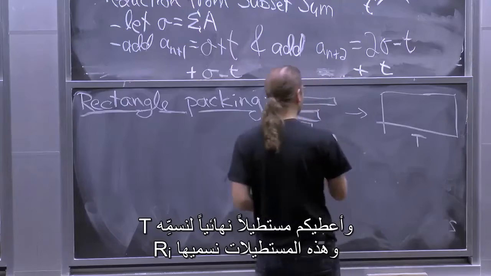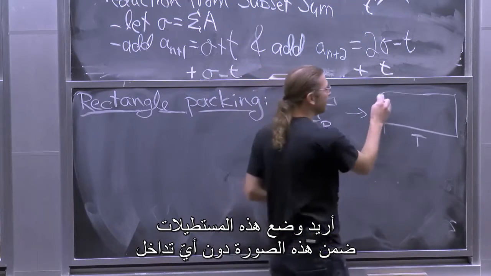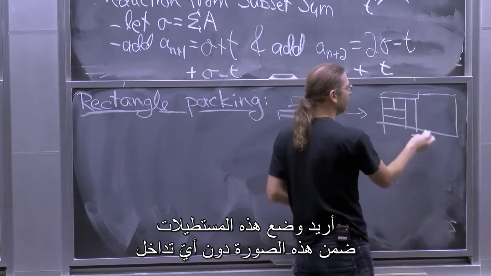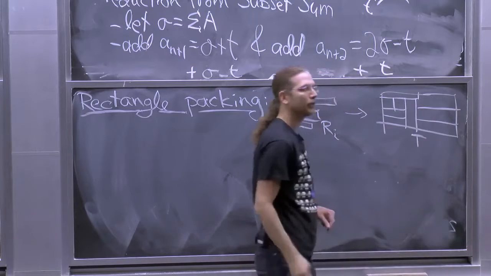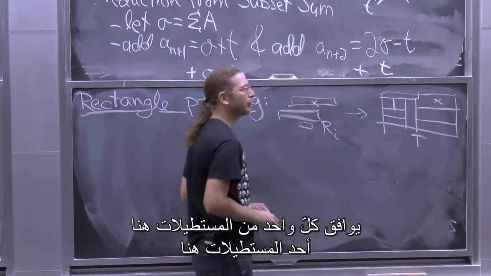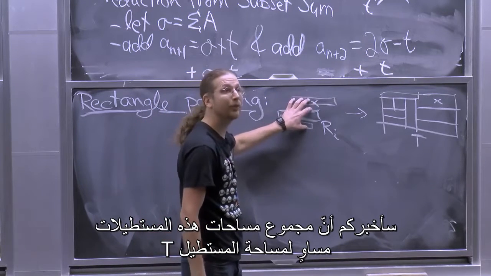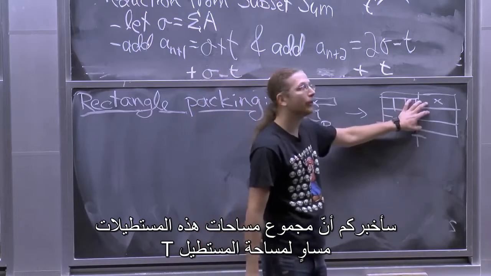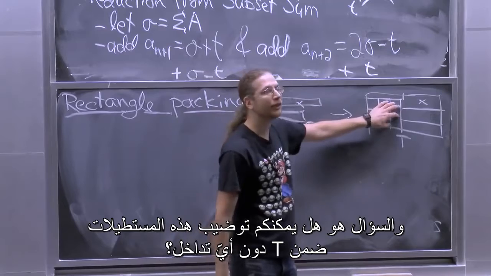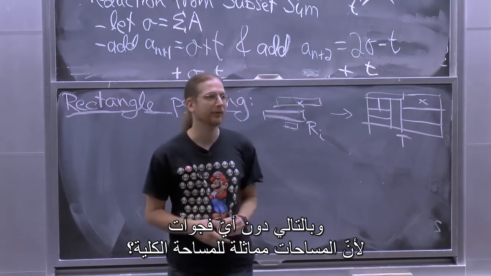It's called T. These are the R_i's. I want to put these rectangles into this picture without any overlaps. Each of these rectangles here corresponds to one of the rectangles over here. So I'll tell you that the sum of the areas of these rectangles is equal to the area of T. And the question is, can you pack those rectangles into T without any overlaps, and therefore without any gaps? Because the areas are exactly the same.